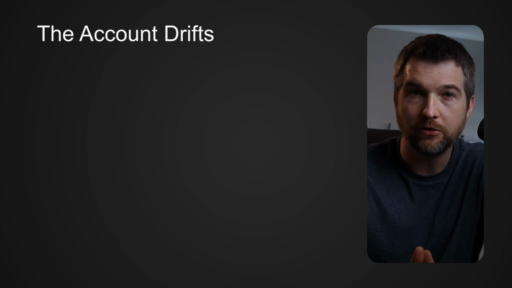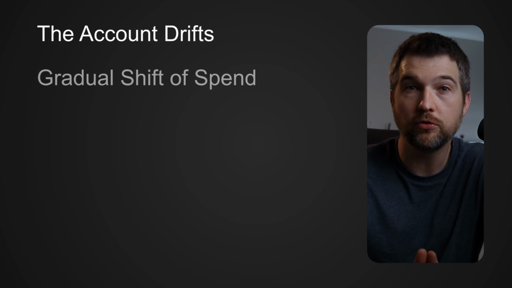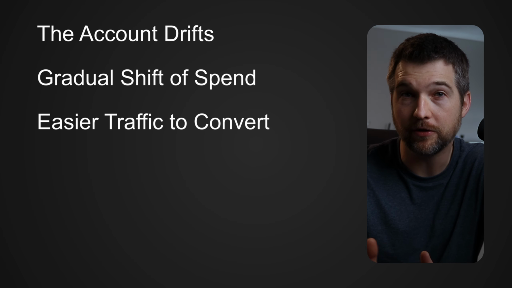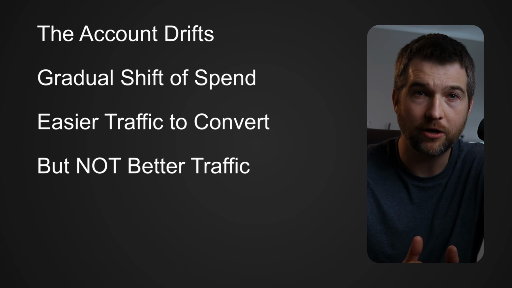So most people, when an account starts to underperform, jump to the usual suspects. Competition went up, ads went stale, budget changed, or my personal favorite, Google randomly changed something, and that does happen. And look, sometimes those things matter, but what I see more often is something a lot quieter than that. The account drifts. What I mean is Google gradually starts shifting spend towards traffic that's easier to convert, not traffic that's actually higher quality.